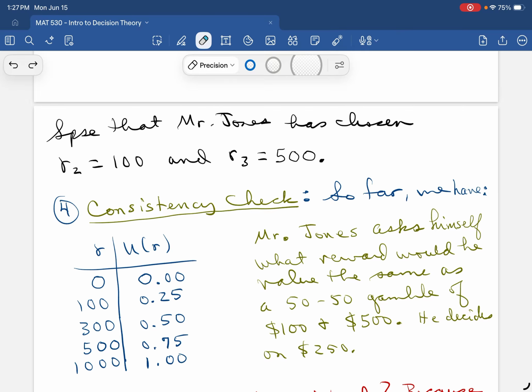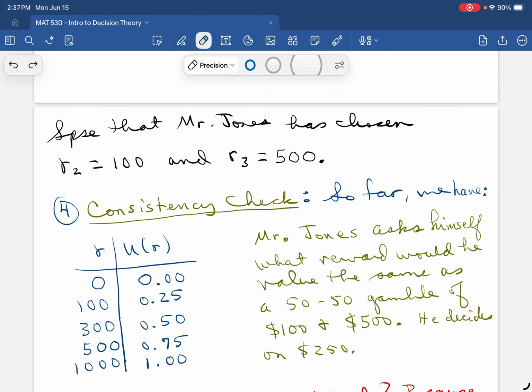I would encourage you to take a moment and think about that. In order to answer that question, we first need to calculate the expected utility of this 50-50 gamble. Then we can see, does that seem like it would be the same as the utility that Mr. Jones would like to place on the reward 250?